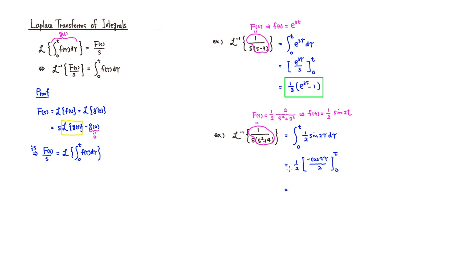So I'm going to combine 1/2 and 1/2 into 1/4. Plug in t, so you have negative cosine of 2t, minus, so that's going to be plus, plug in 0, cosine of 0 is 1, so it's plus 1. So this is the inverse Laplace transform that we're looking for. All right, that's it. I hope that this was clear.